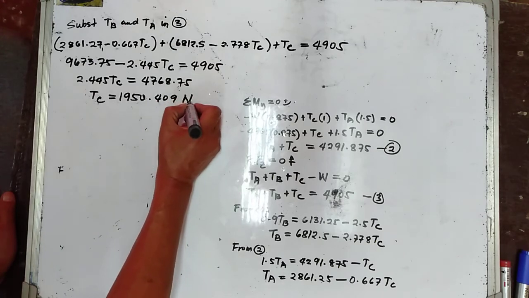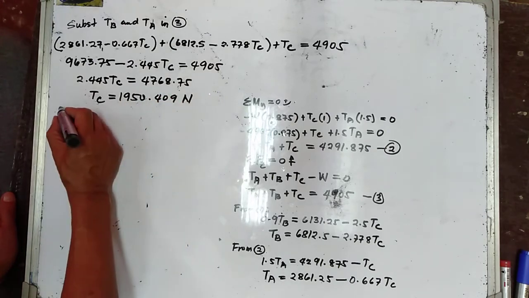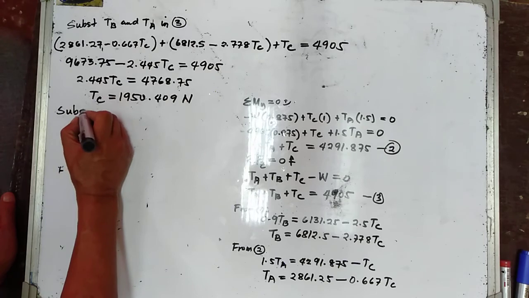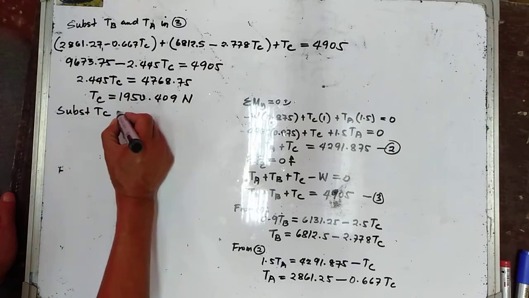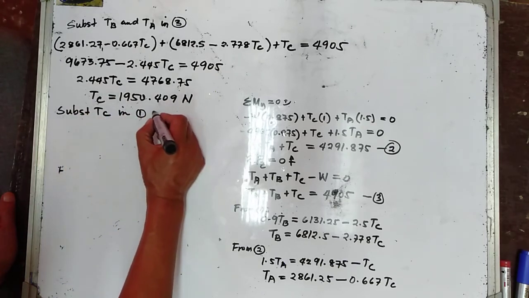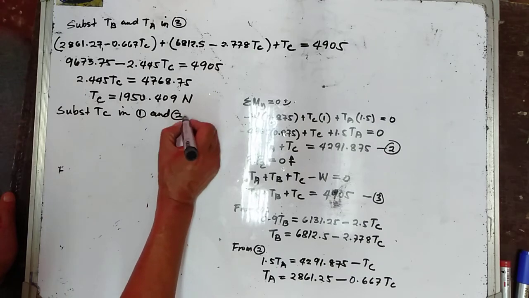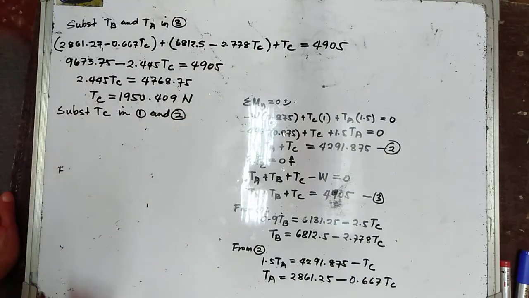Hence, the value of TC is 1950.409 newtons. Okay, so let us now substitute TC in equation 1 and equation 2.